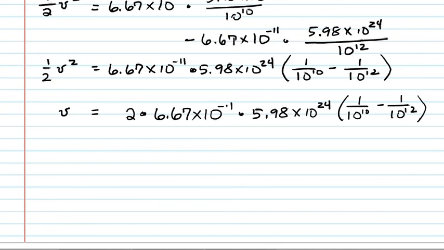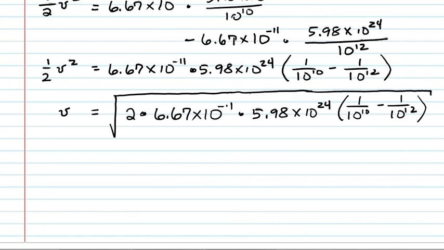Copying and pasting would have been a little bit easier. That was multiplying both sides of the previous equation by 2 to get rid of the 1/2. And then that's going to leave the v squared. So the v itself, being a positive number, is going to be the positive square root of this entire expression.